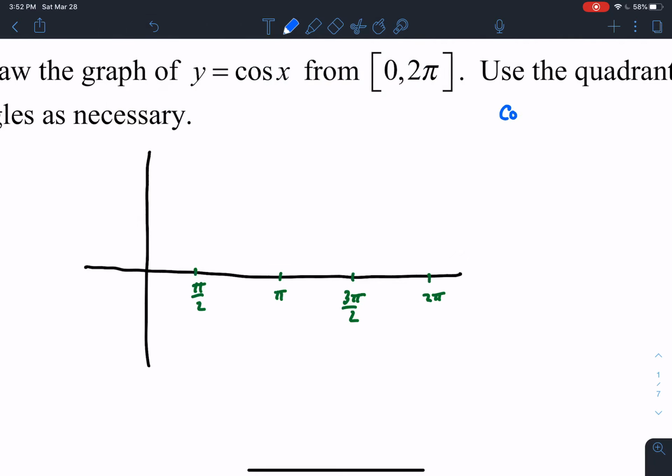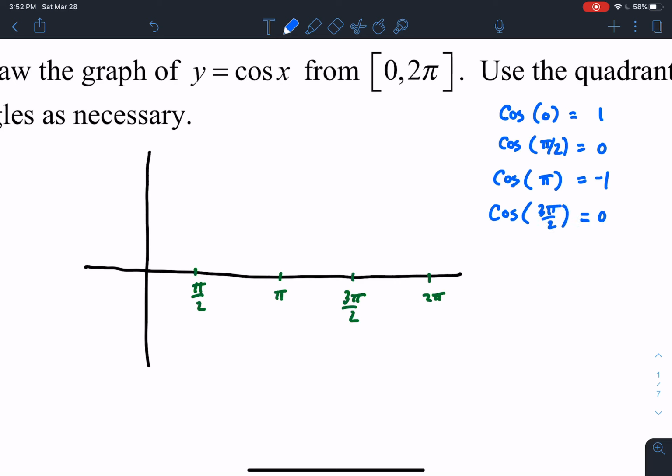So cosine of 0 is 1. Cosine of pi over 2 is 0. Cosine of pi is -1. Cosine of 3 pi over 2 is 0. And cosine of 2 pi is 1.